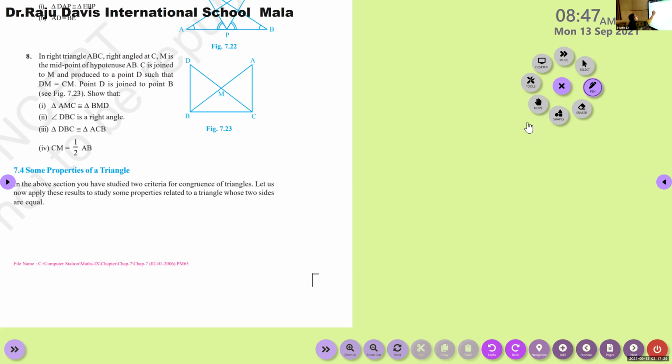Okay. So in triangle ABC, what is given? Given is triangle ABC, with right angle at C. All of you mark the right angle at C in your figure.